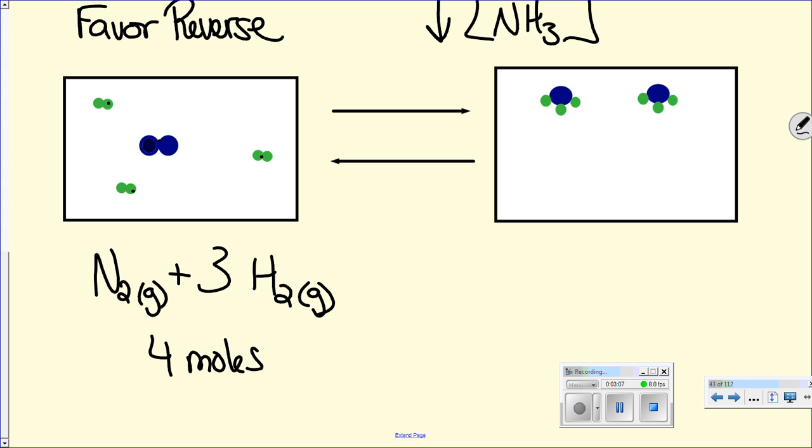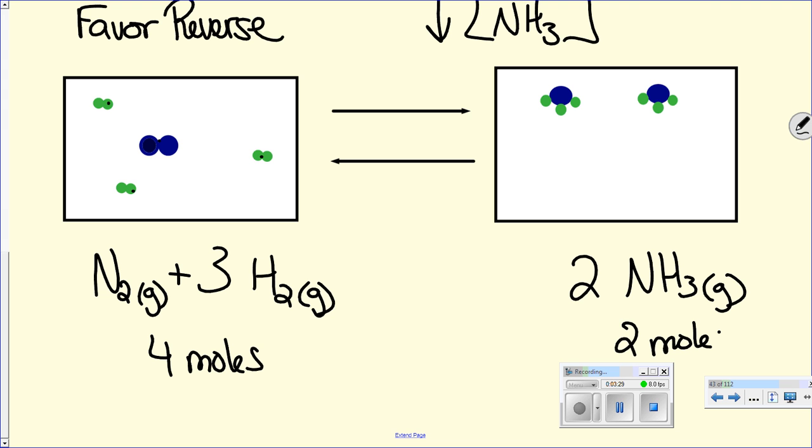When we rearrange these and stick them together differently, the nitrogens break apart and 3 hydrogens get stuck on each of them. So you'll notice we take the same amount of stuff. In both cases, we have 2 atoms of nitrogen, so there's 2 blues on either side. There's 6 atoms of hydrogen, or 6 greens, on either side. But we have rearranged these in only 2 moles of NH3. So on this side, we only have 2 moles. We have all the same stuff.